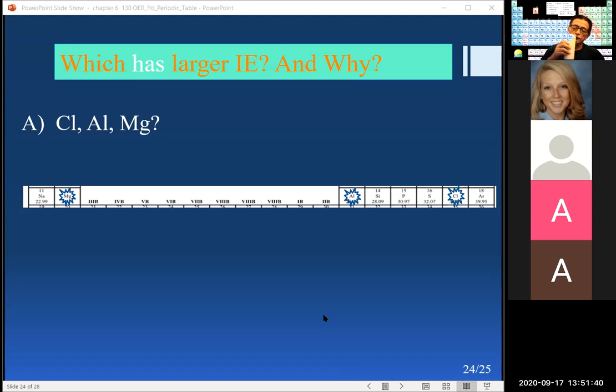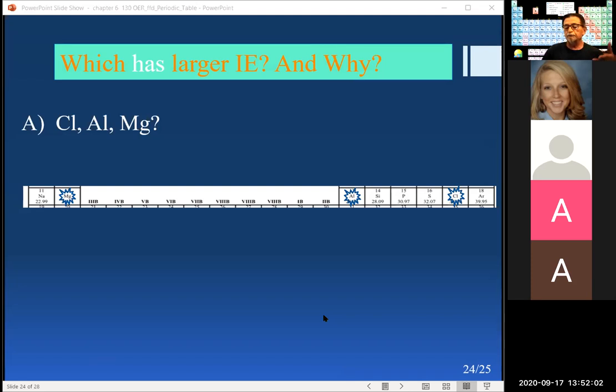The chlorine. That is correct. Aluminum is a metal, magnesium is a metal, the chlorine is a nonmetal. And all nonmetals want to gain electrons, so they're not going to give up their electrons very readily. It's going to take energy. They will give them up, but it's going to take more energy.